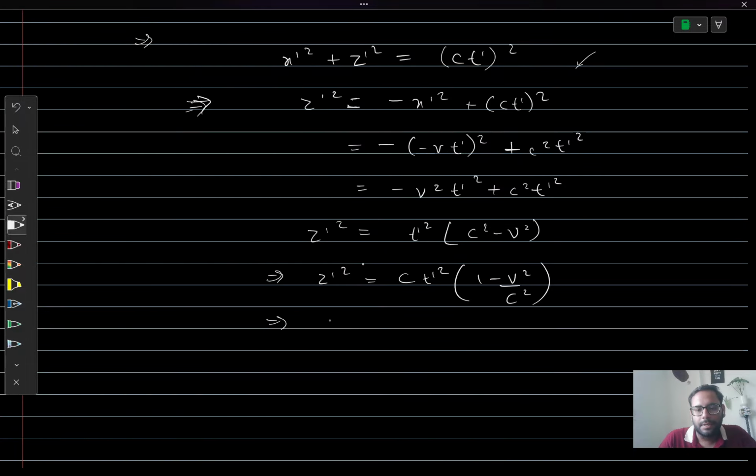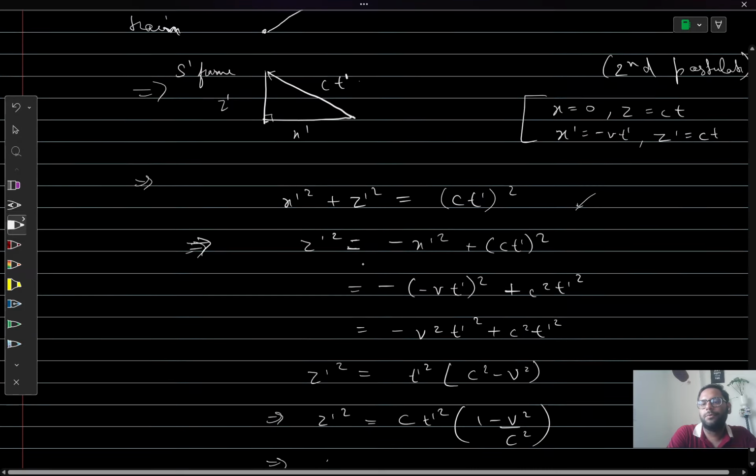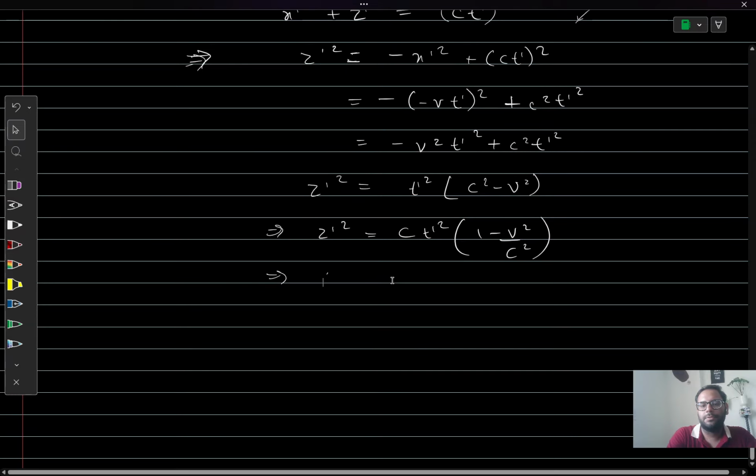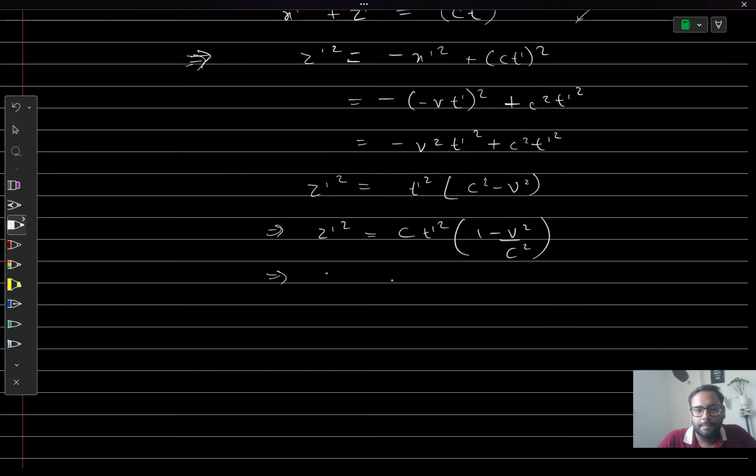Now take this out, and you put this condition, z prime equals ct, and you will find this. Wait, and yes, there is a square.